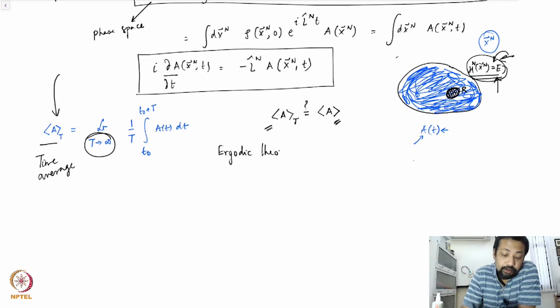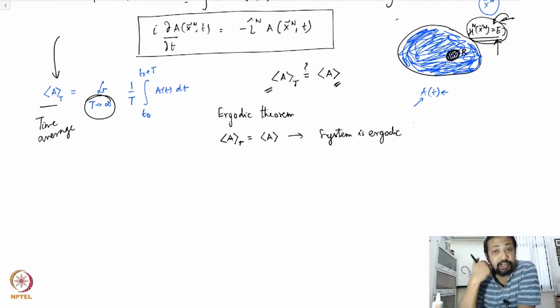The Ergodic theorem essentially tells you that not only should the time average exist, but if the system is ergodic, then the two averages are equal. So this happens when the system is ergodic, or alternatively the flow in the phase space is an ergodic flow.